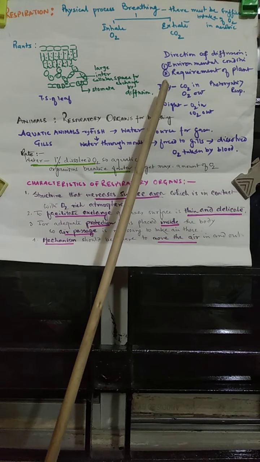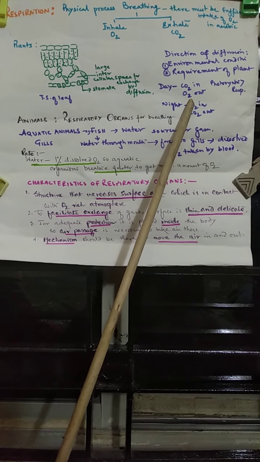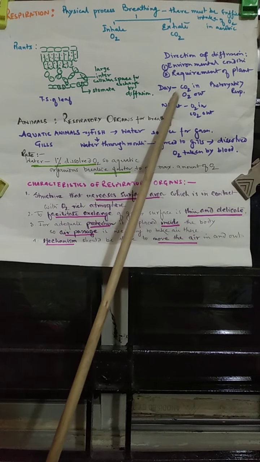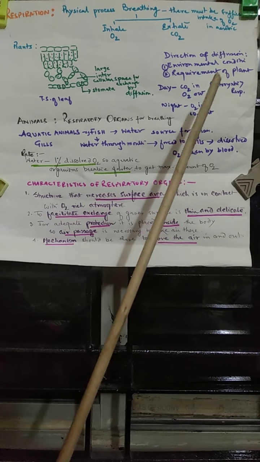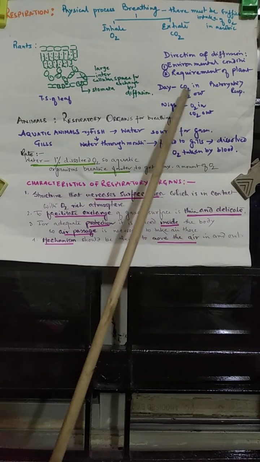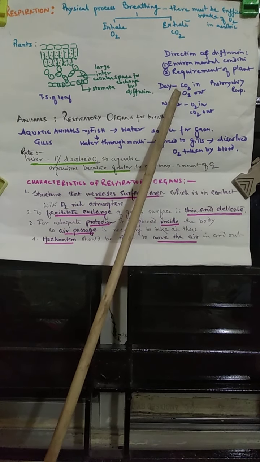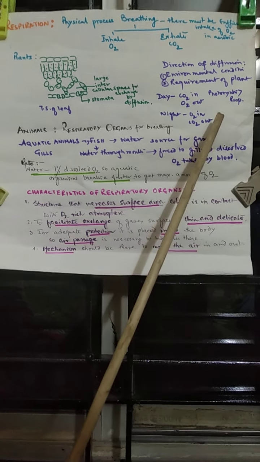The plant is performing two important processes, that is respiration and photosynthesis. And we know during the day the rate of photosynthesis is comparatively higher than respiration. So whatever oxygen is produced in photosynthesis will be utilized in respiration, still a certain amount will be left, and that will be released from the plant.